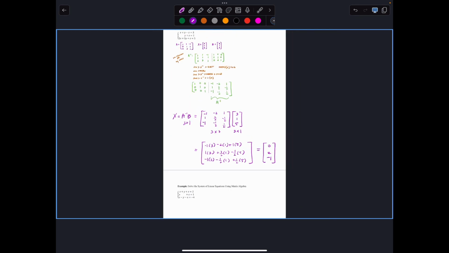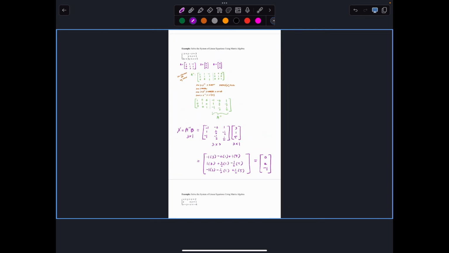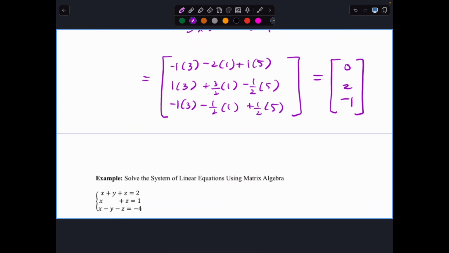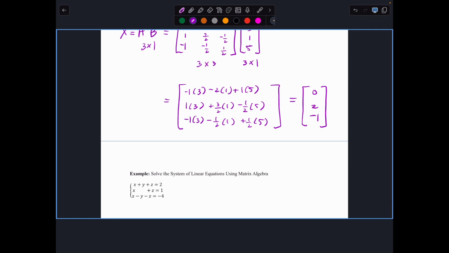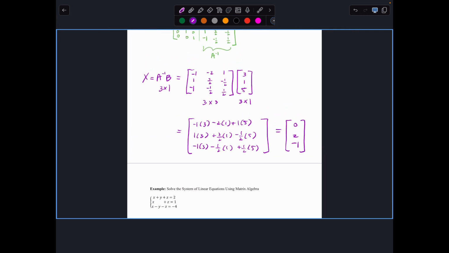That's so anticlimactic, for that many halves to be in the inverse. Wait, isn't it 5? I think it should be 5. No. Oh wait, it's -1.